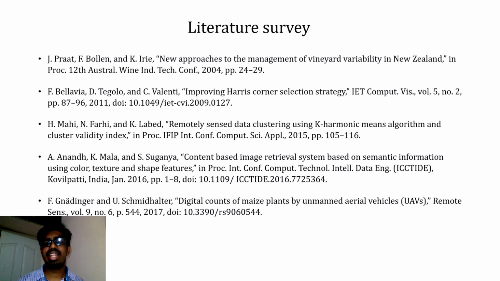Literature survey. In the first paper, they estimated vine biomass by counting the number of green pixels in an image. In the second paper, they used Harris corner detection to count the number of objects in RGB images. In the third paper, they introduced a cluster validity index to improve an image acquisition system.